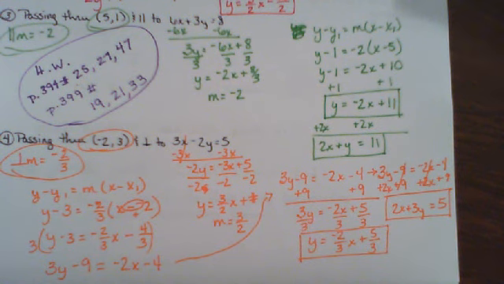Make sure you know what parallel and perpendicular slopes look like. Make sure you know how to graph a line and how to find intercepts. All that stuff is important, not just plotting points or the XY chart. You have to be able to do everything.